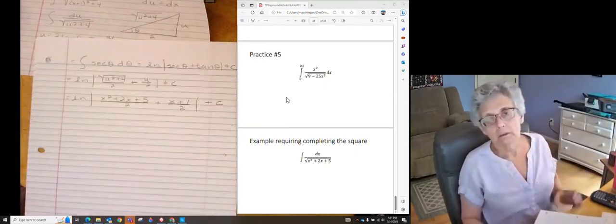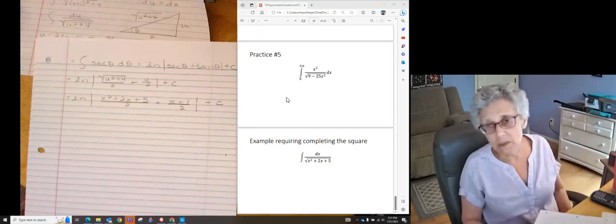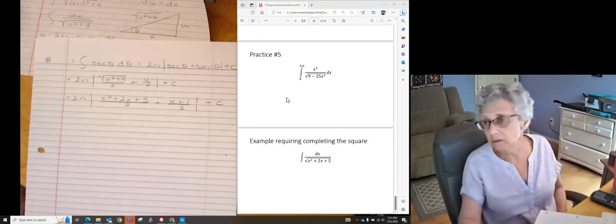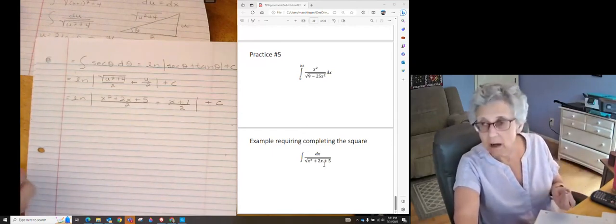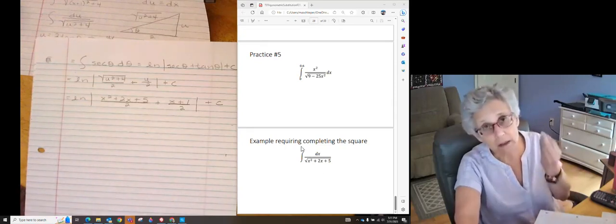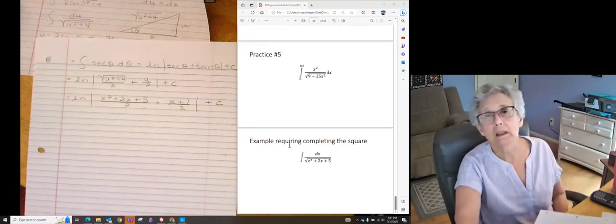There you go. You could combine some stuff, but you don't have to. So, sometimes it's not going to be obvious, but if you can complete the square, you can work problems like that.